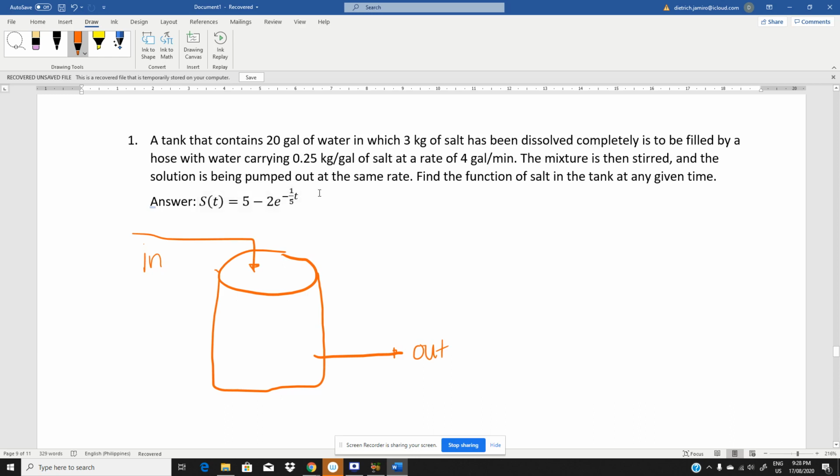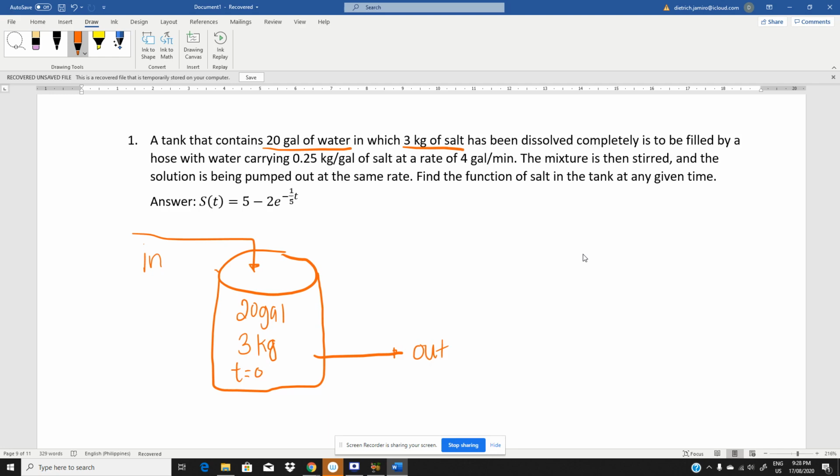As you can see, we are given a tank that contains 20 gallons of water. So initially, we have 20 gallons of water here. And also, we have initially 3 kilograms of salt that has been dissolved in our container. This is at time t equals 0.